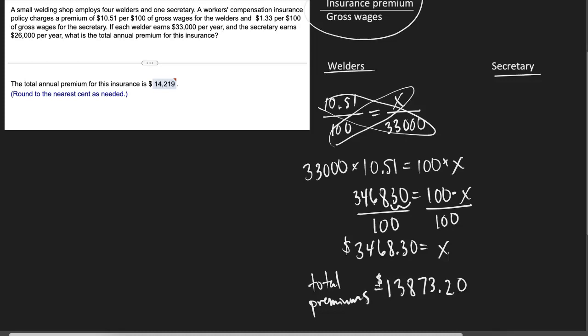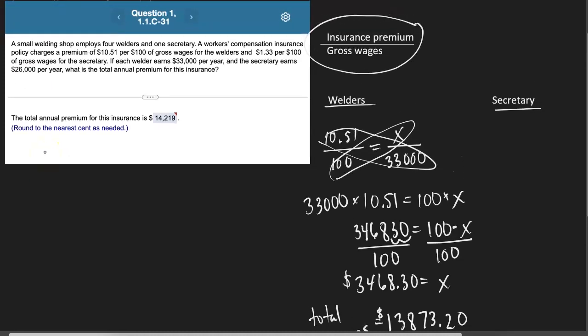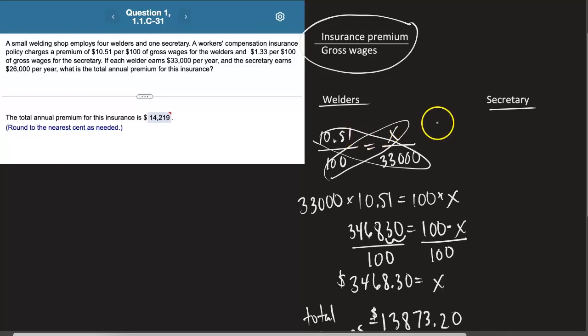So next, I want to do the same type of thing for the secretary. So I'm going to write out a ratio of insurance premium to gross wages, and then I'm going to set that equal to another ratio where I do not know the total amount of insurance premiums for this secretary's full annual salary.